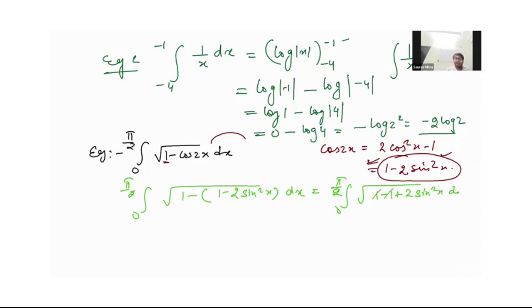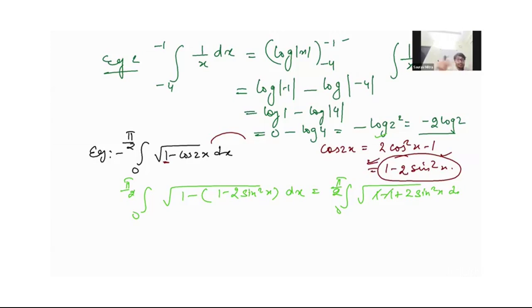If you applied the other identity, your 1 and 1 would add, because it is minus of minus 1, which becomes plus 1. So 1 plus 1 gives 2, and that will not help because the square root is also there. We cannot integrate individually while the square root is here. If the square root was not there, we could do the integration easily. That's why we applied this identity.